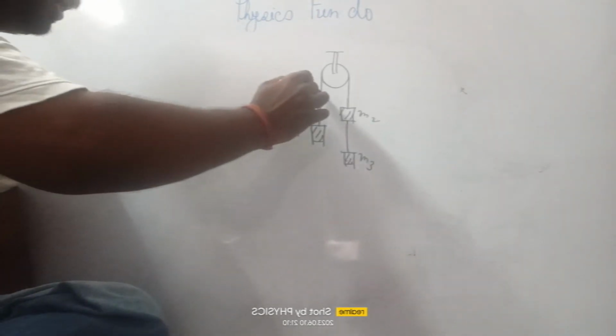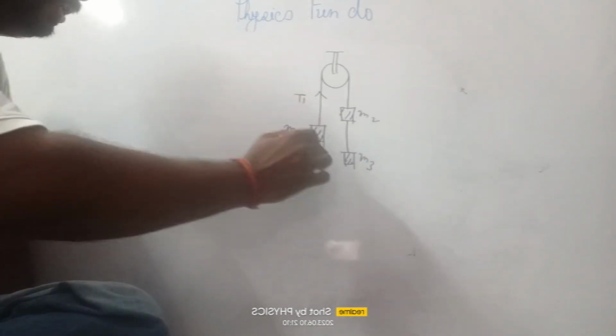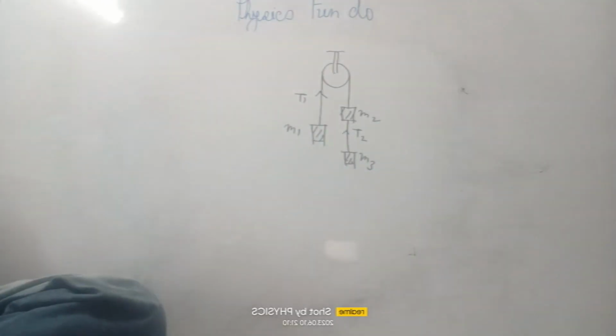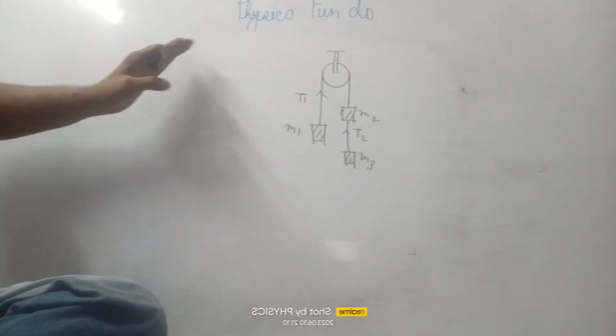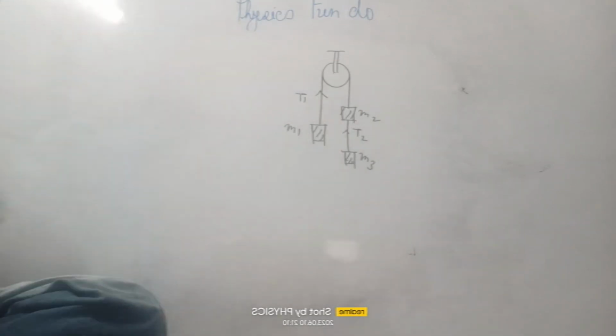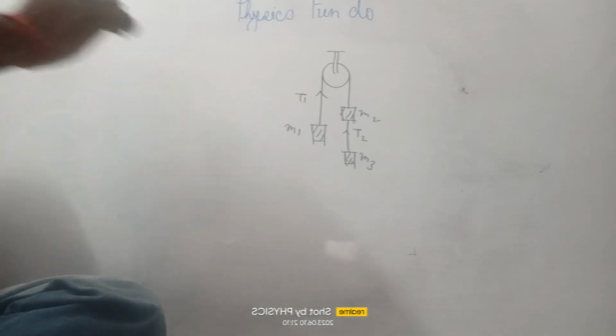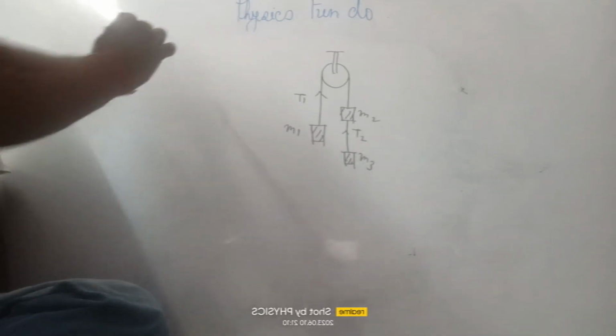Now here we have to find T1 and here T2. First we have to find the acceleration of the system. The acceleration of the system should be the same for all blocks.